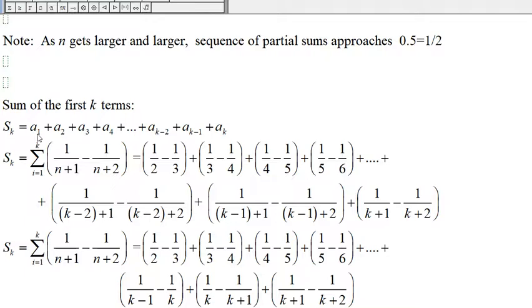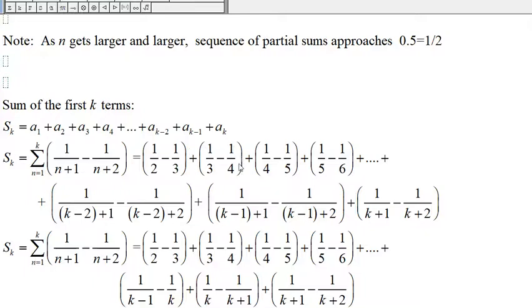So the first term is when n is 1. When n is 1, we get 1/2 and 1/3. So 1/2 minus 1/3. This is term number 1.